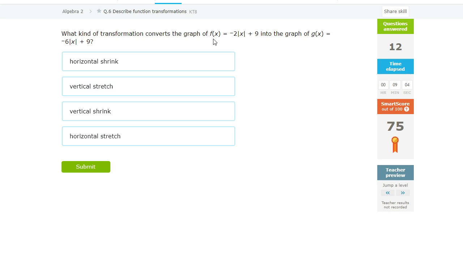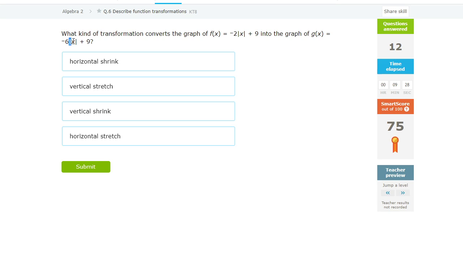Okay? Next one. You'll notice that the negative 2 became a negative 6. So that means you multiplied this by 3. And then also the positive 9 stayed as a positive 9. So that means only the first value here got multiplied by a number.